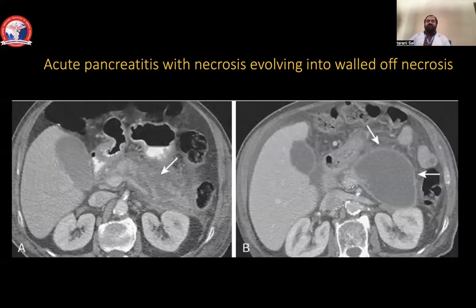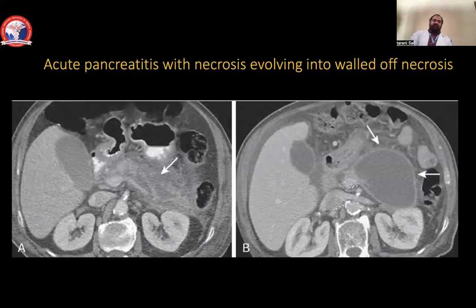And after 4 weeks, when we gave the antibiotics and other supplements, the tail region has been converted to a well-defined, well-circumscribed cystic lesion in the tail of the pancreas.